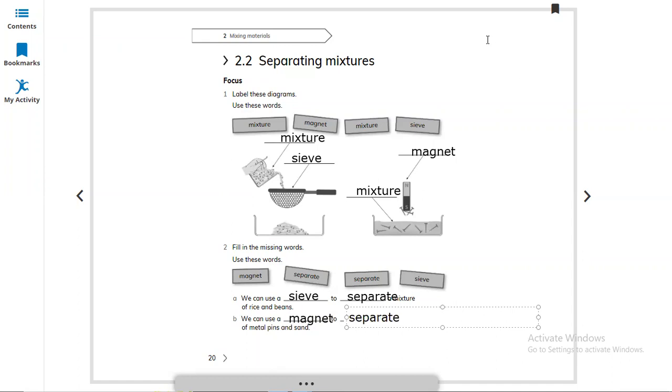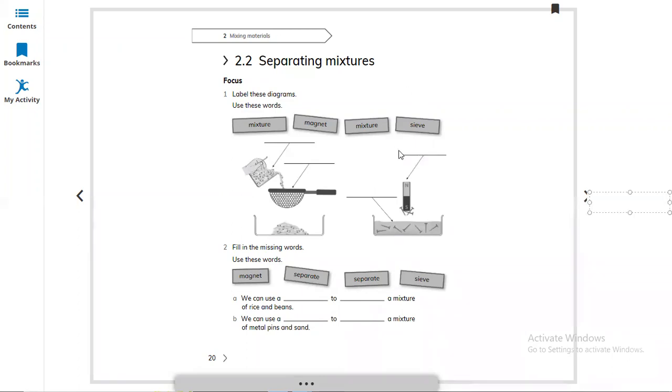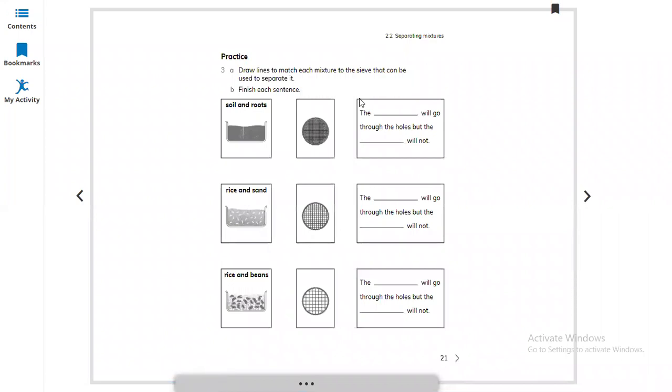Okay, after this, let's move to the next question, number 3, page number 21. Draw a line to match each mixture to the sieve that can be used to separate it. So let's do it. You can see three different kinds: the big net, the smaller, and then the smallest.